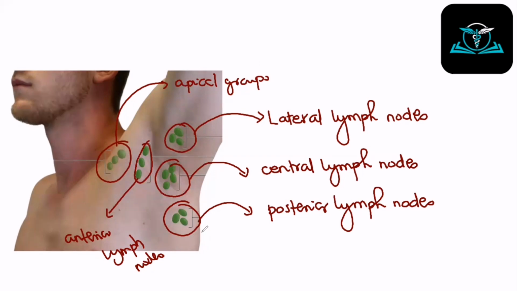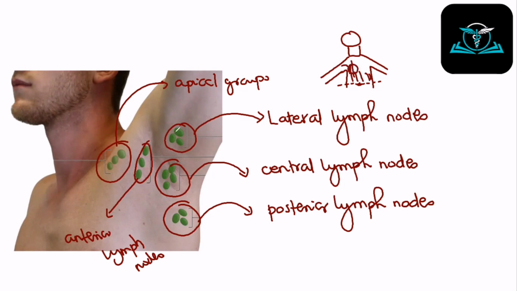Now, you remember we mentioned that for the trunk, if this is the head, neck, and then the hand, we drew a line through the umbilicus. Remember we said that this part of the body is drained by the axillary lymph nodes, and then actually the lateral part of the breast is also drained by the axillary lymph nodes.